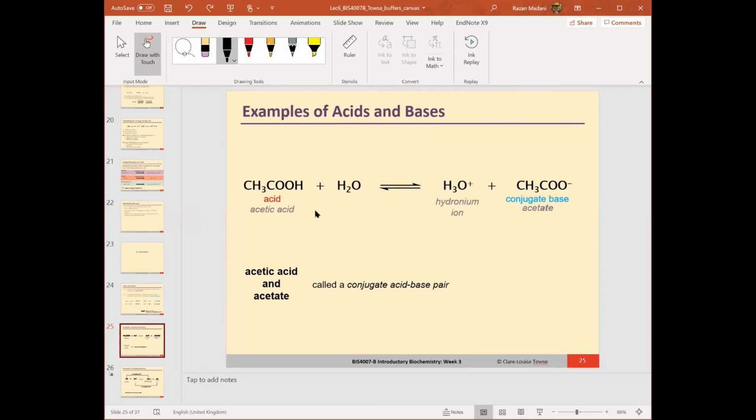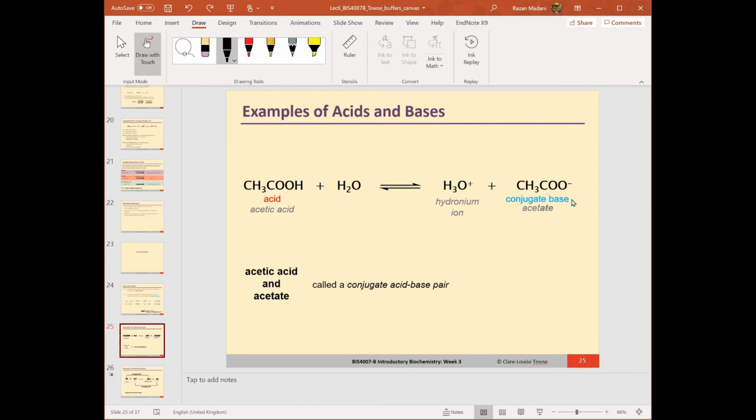So here we have an example. The conjugate base. Remember, this one is acting as a base. Why do you think that is?